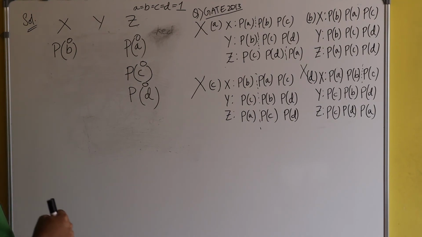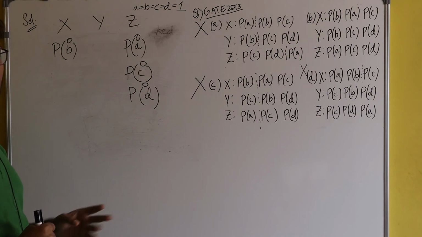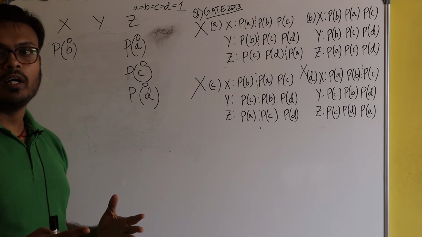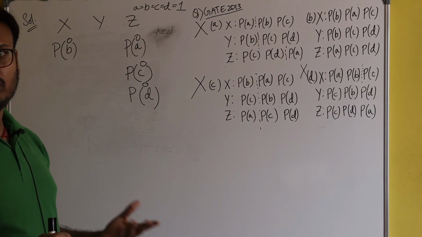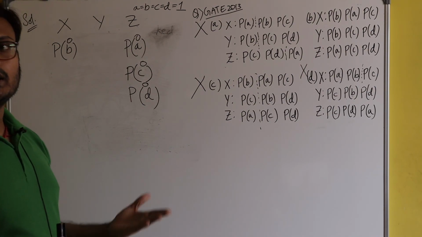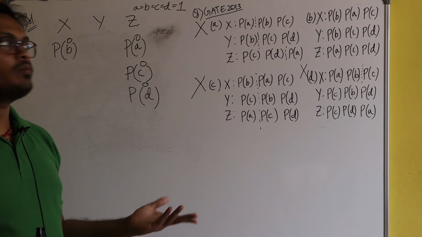So process Z will release all these mutex variables A, C, and D. Because if the task is over, there is no question of keeping the variables with it. If your task is over, you should release the resource, so that the resource will be utilized by the others.